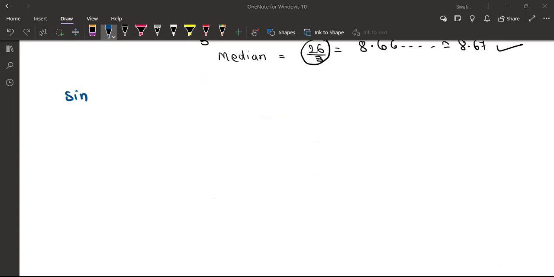Yes. It's sine, then cos. No, it's cos only. And then tan. And then cosec, sec, cot.